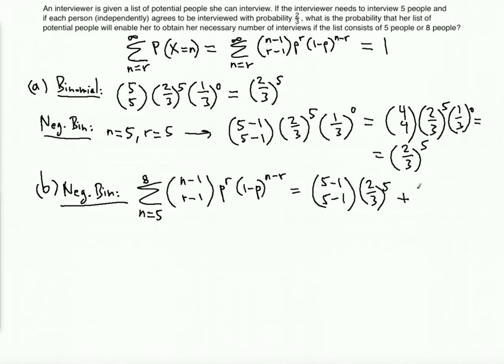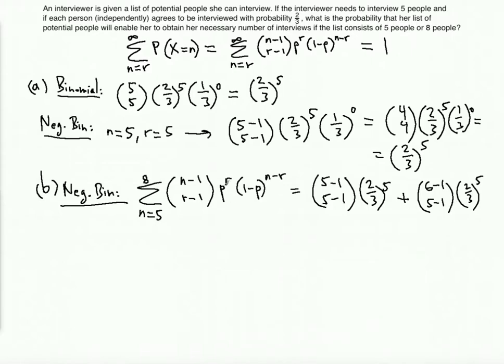The next case, when she needs 6 trials to have five successes, right? So she will need to ask 6 people in order to have 5 people agreeing. So that means 1 will disagree. 6 minus 1, 5 minus 1, 2/3 raised to the 5th power, always, right?